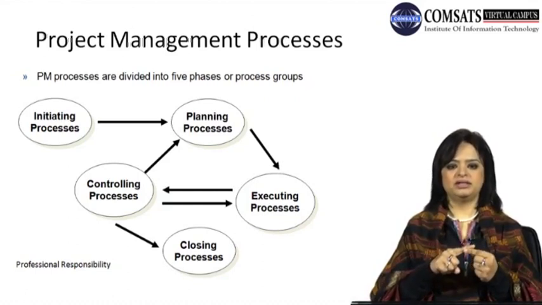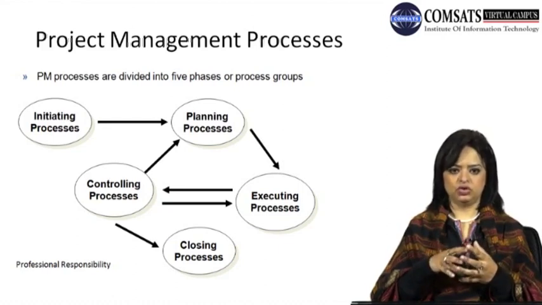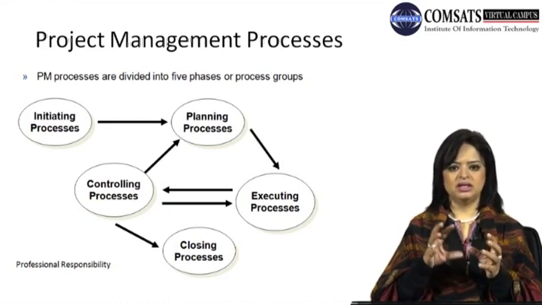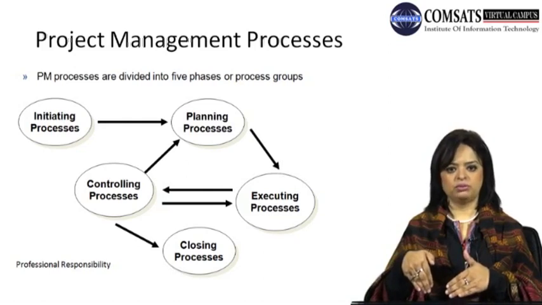If you can meet the variances without any changes in the original plan, or, I would not say without any changes, because there isn't any project without any changes, but managing those changes appropriately and everything is taken care of at this point in time, from the controlling, you move to the closing process.